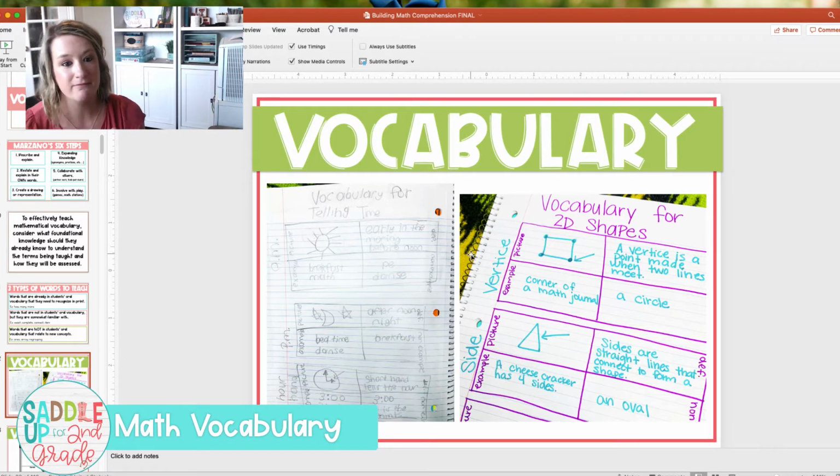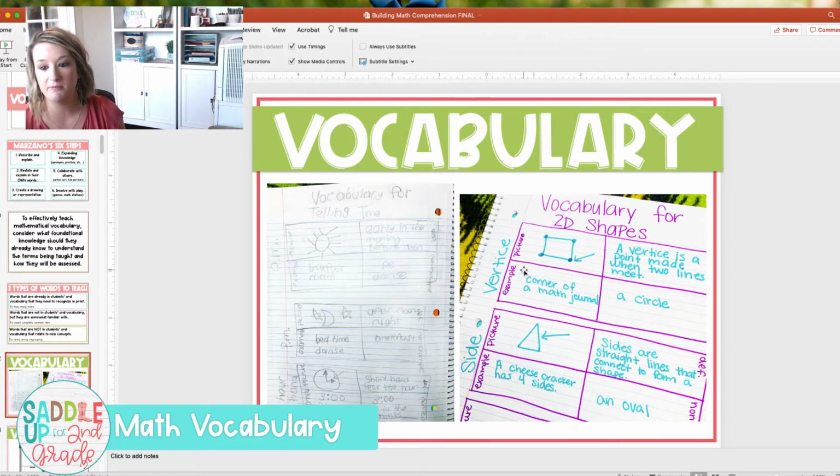Whereas in a mathematical format, you are going to use a picture, the definition, an example and a non-example. So I always kept it very simple.